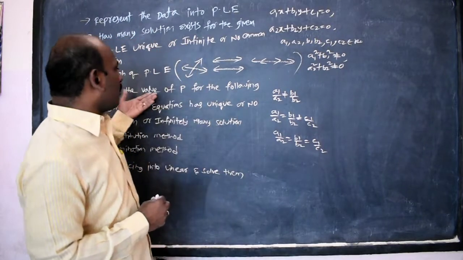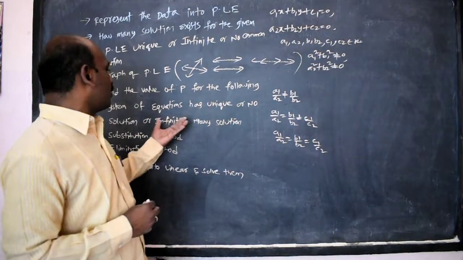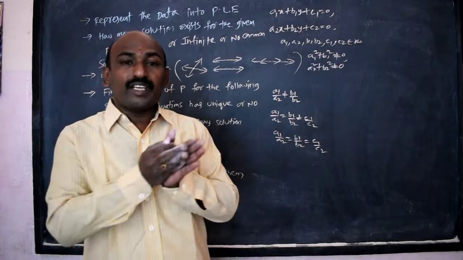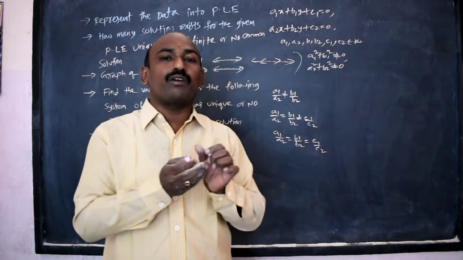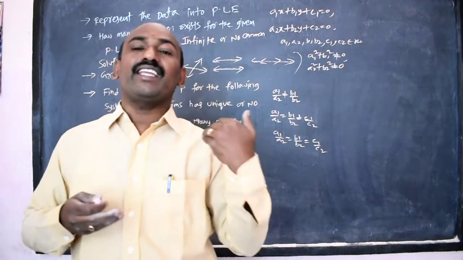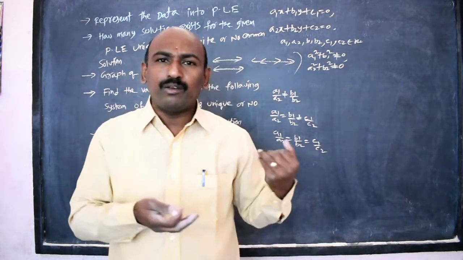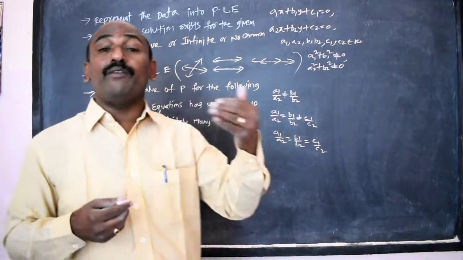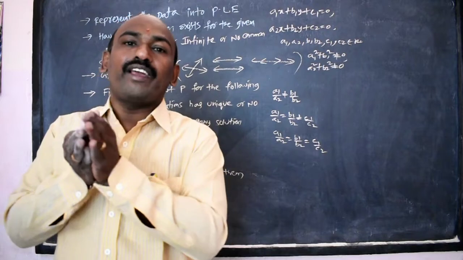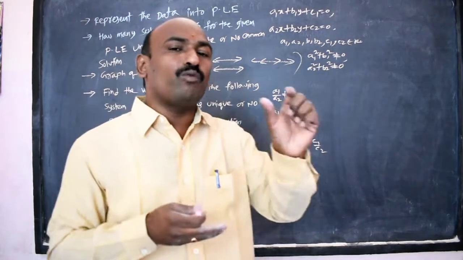The next topic is to find the value of p for which the system of equations has a unique solution or no solution, or they can give one of the conditions. In the 2 equations they will give one missing variable coefficient, like px or py in any order, and we need to find that p or k value. They will mention the condition, for what value of p the pair of linear equations has a unique solution or is coincident.